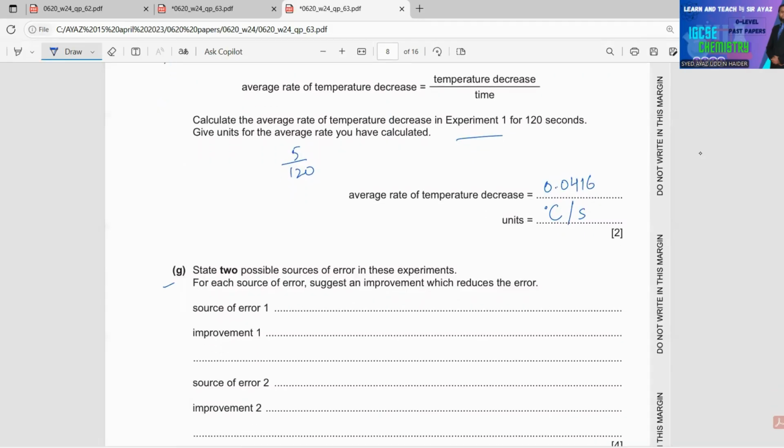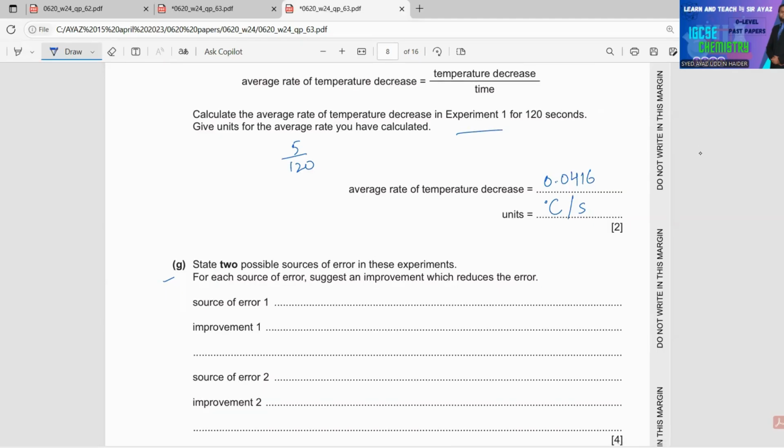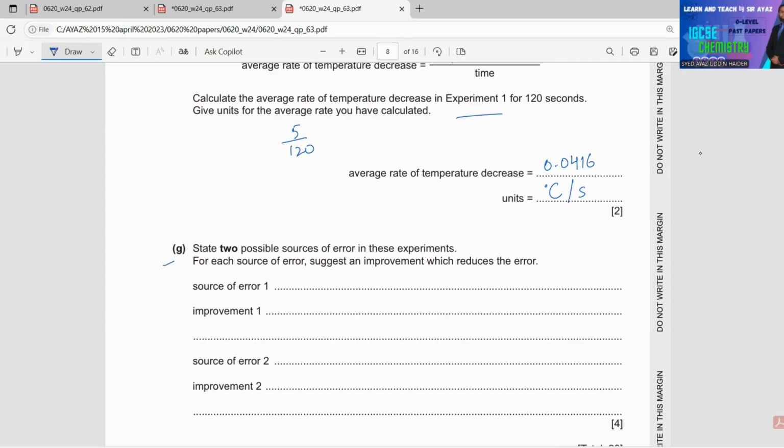G. State two possible sources of error in these experiments. For each source of error, suggest an improvement which reduces the error. So we can have any two from these.